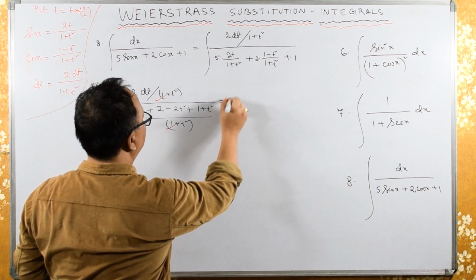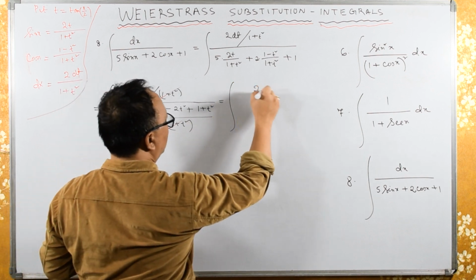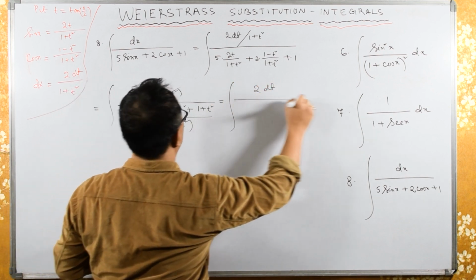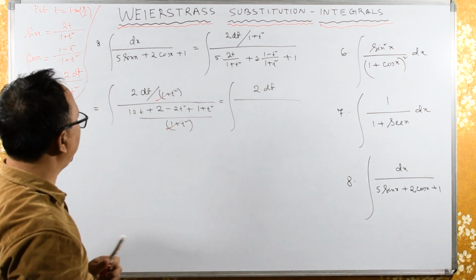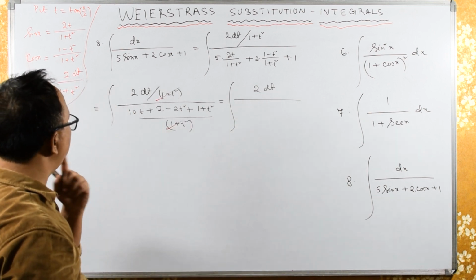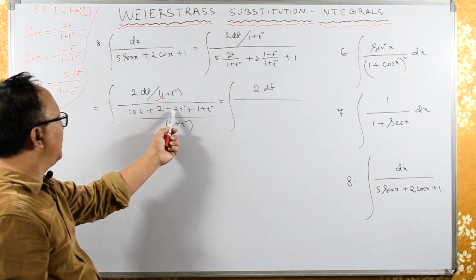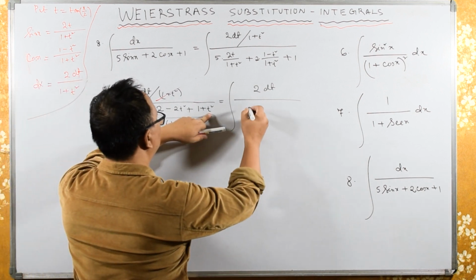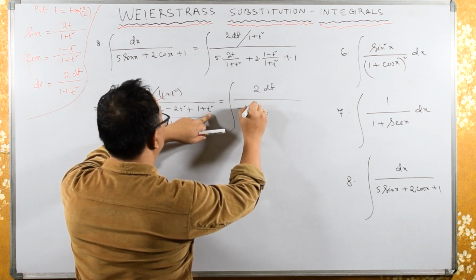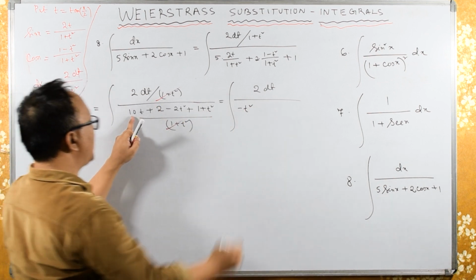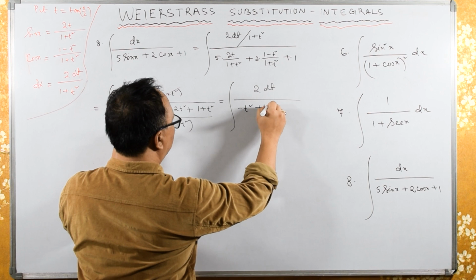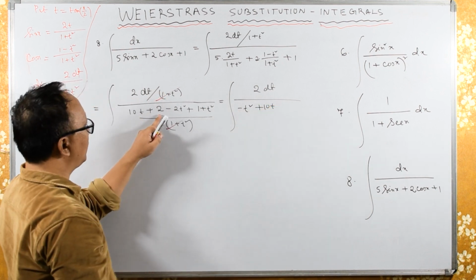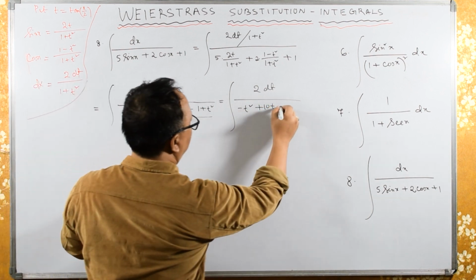So what we have is integral 2 dt upon, is there anything which you can cancel? Here 2 minus t square, plus 10t. Okay, and constant term is 2 plus 1 is 3.